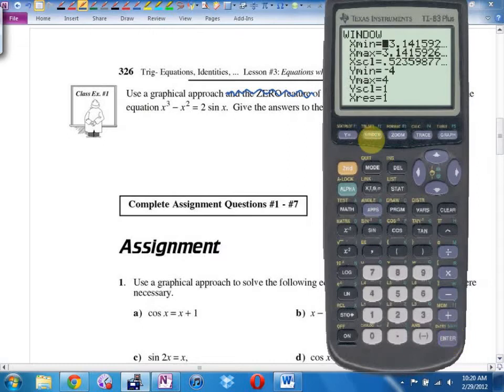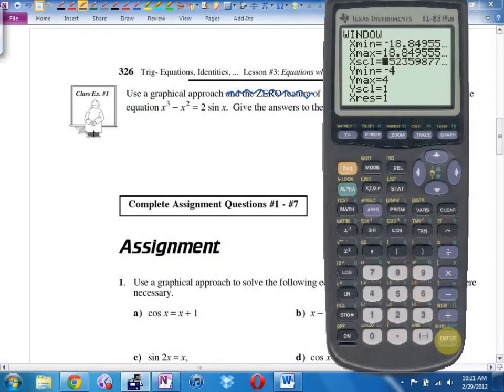And then, Maria, I'm going to hit view window. I know what this graph looks like. This is the sine graph with an amplitude of 2. And you guys know what this graph looks like? I don't. So I'm going to hedge my bets. I'm going to go negative 6 pi, 3 periods left, positive 6 pi, 3 periods right.